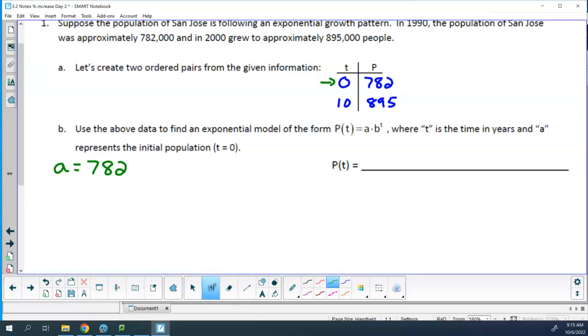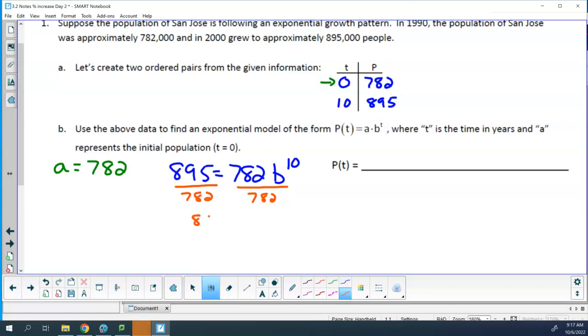Okay. So given that, I need to be in a different color. 895 equals 782 times B to the 10th power. Given that information, please take this time to solve. So first I would divide by 782.